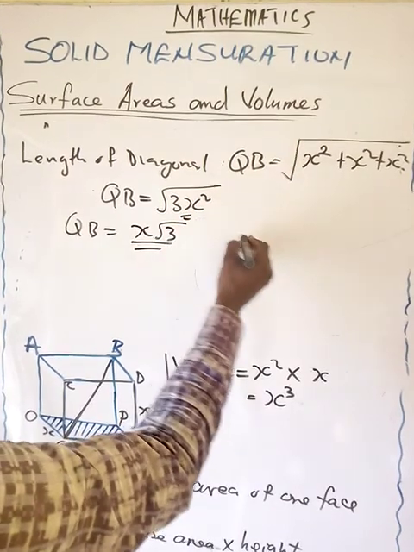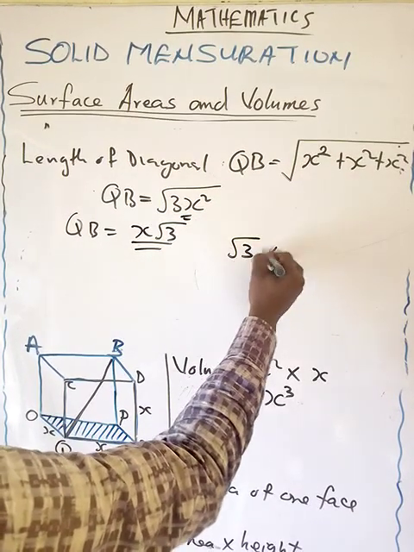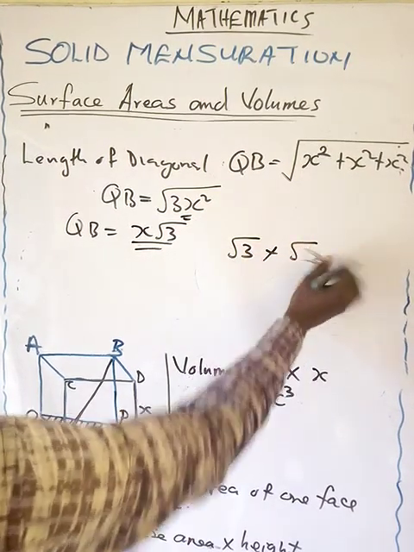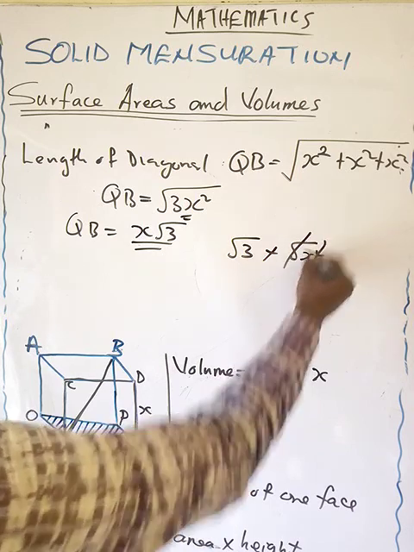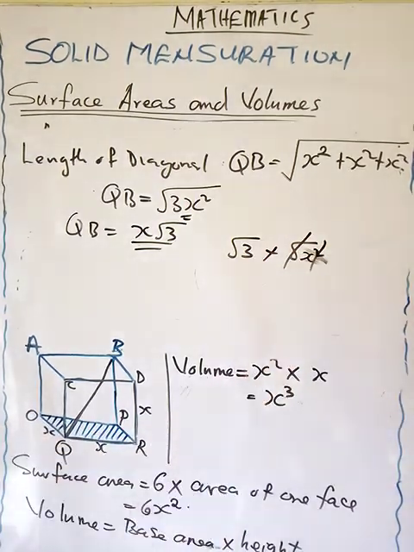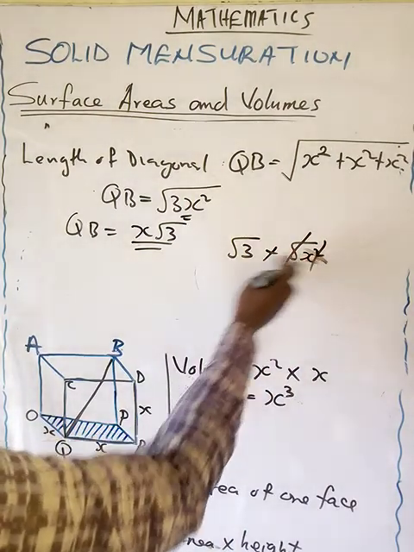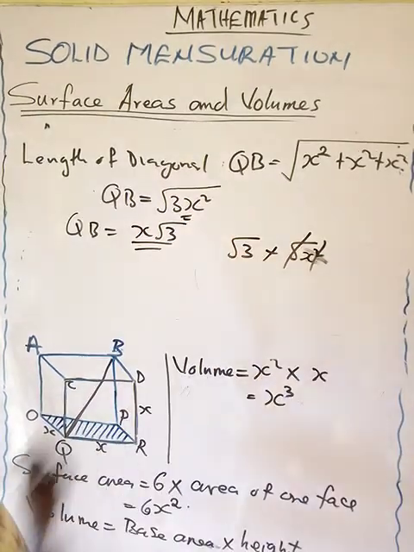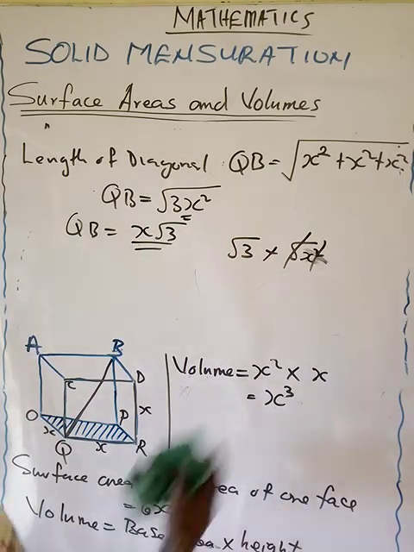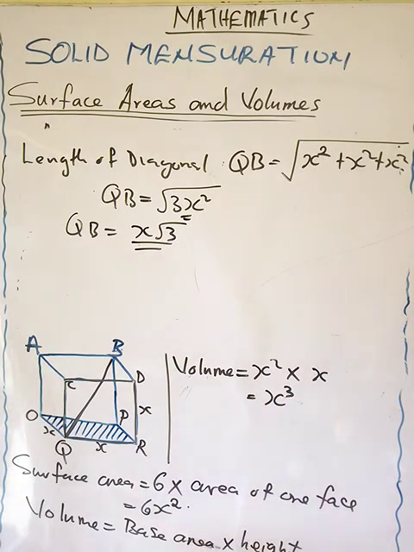So let me explain it here. That is root 3 times root x squared. So the root can cancel the 2. That means x times root 3, which is x root 3. The next thing we want to do now, let's look at the length of the side diagonal.